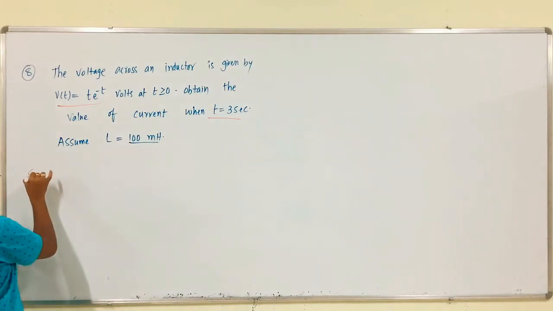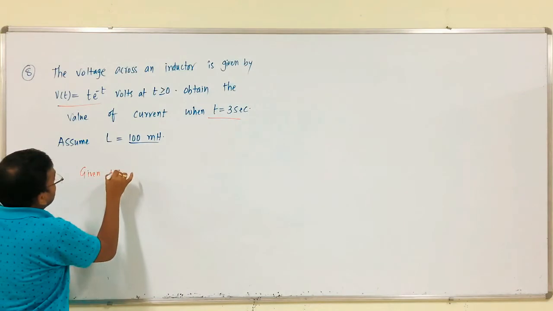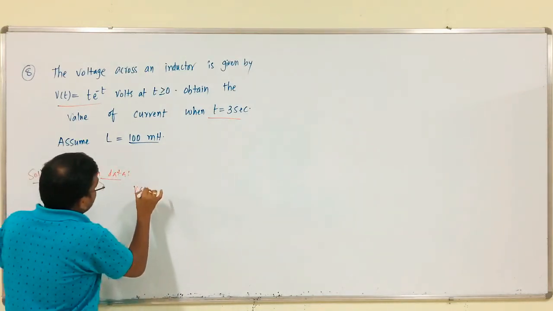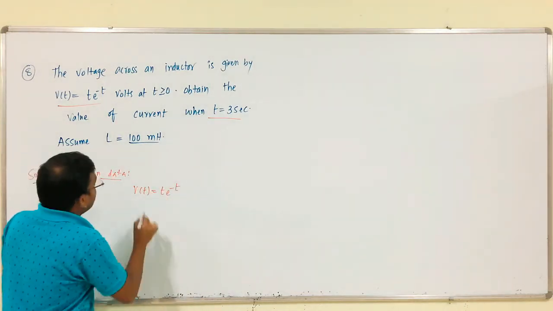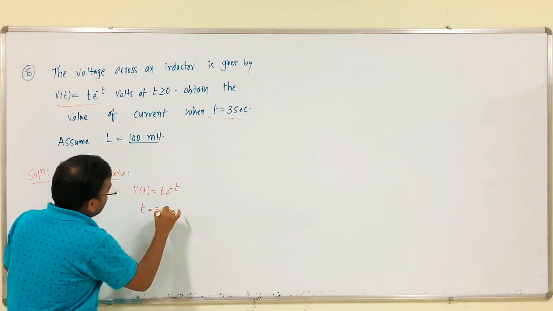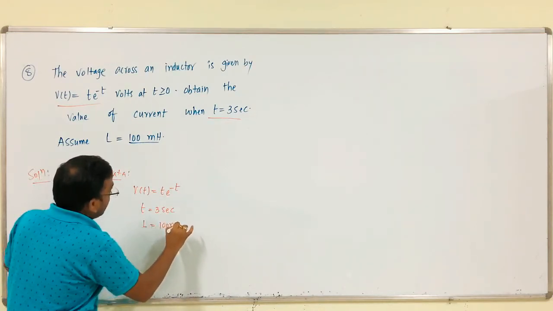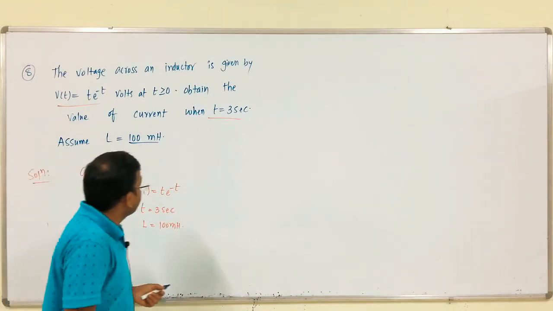So, given data is: voltage is equal to t into e power minus t, given time is equal to 3 seconds, and L is equal to 100 millihenry. Okay.